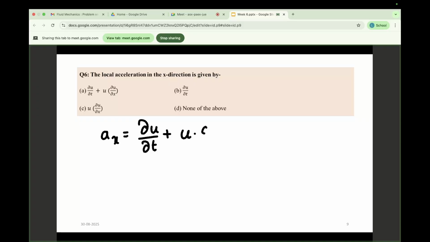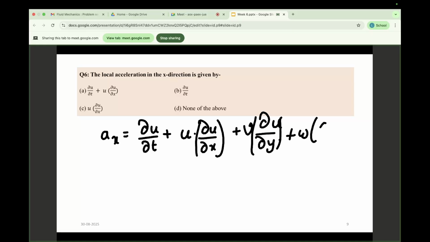Next, what I know is that it should be the... okay. Similarly... so see, this first term is known as the transient term.